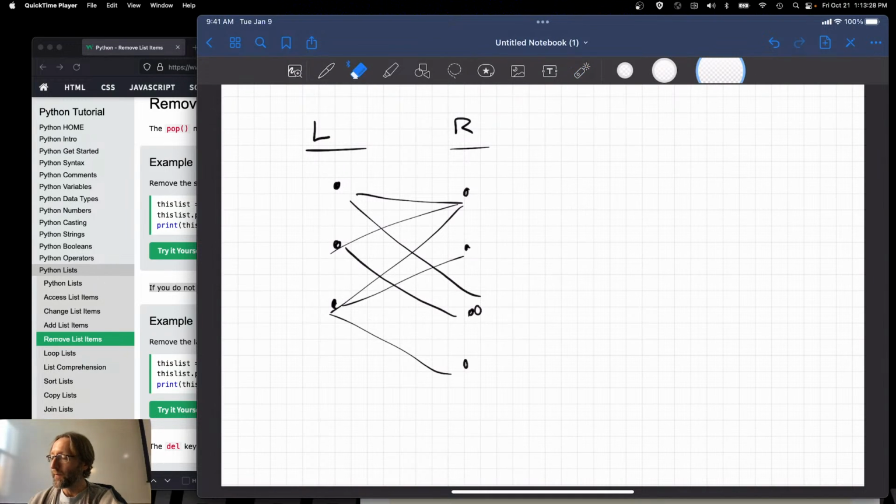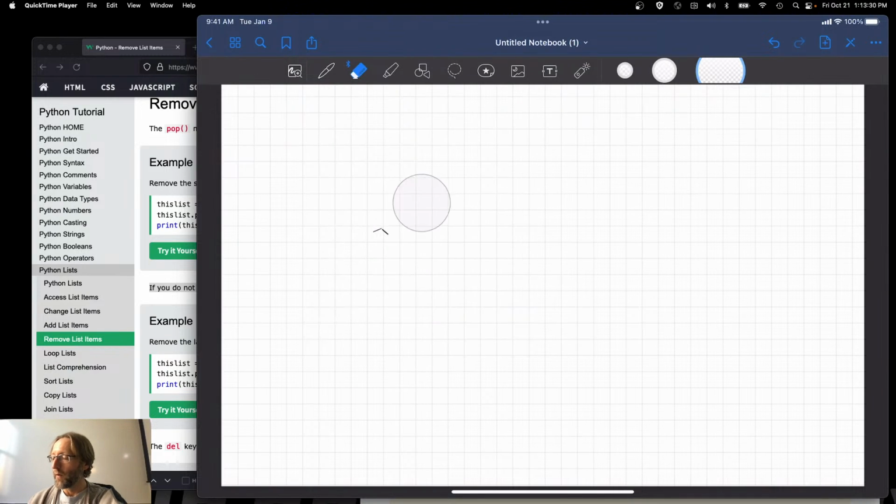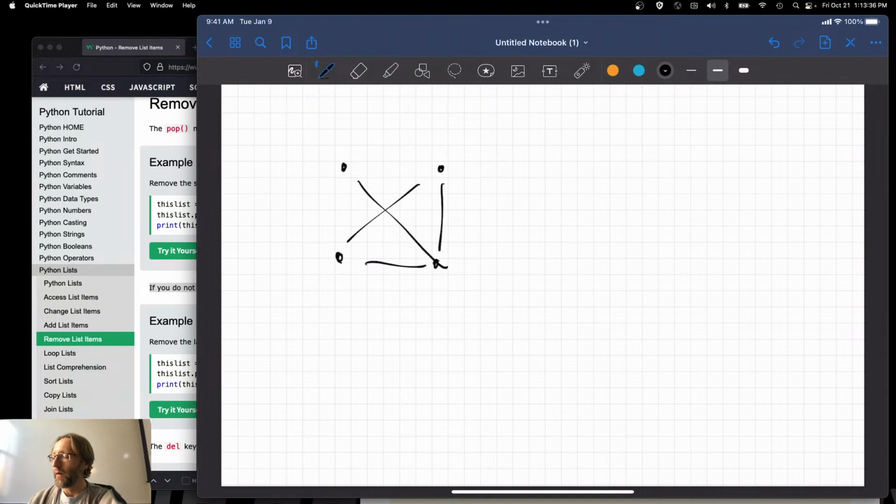Let's look at another common graph here. A complete graph on 4 vertices, a K4. Is it bipartite or not? Can I separate it out into 2 partitions? Well, let's try it.